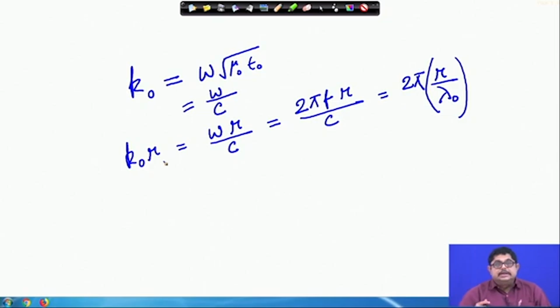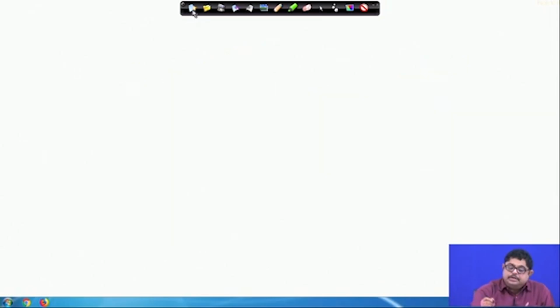So, we can say that the electric and magnetic fields coming out from the current element are functions of the electrical distance from the antenna. Now, let us consider the field components more closely.